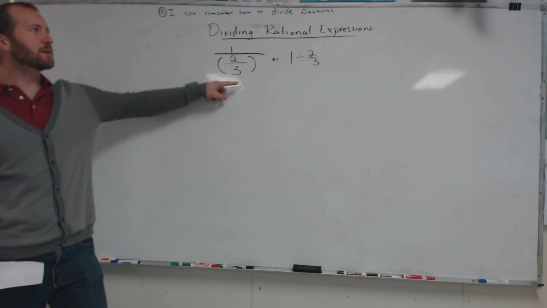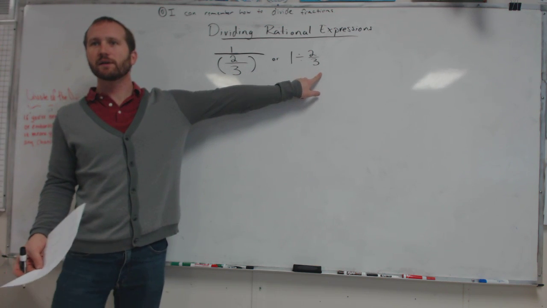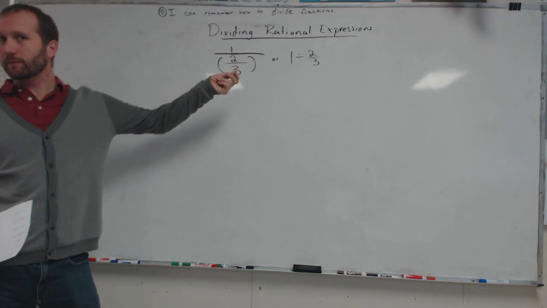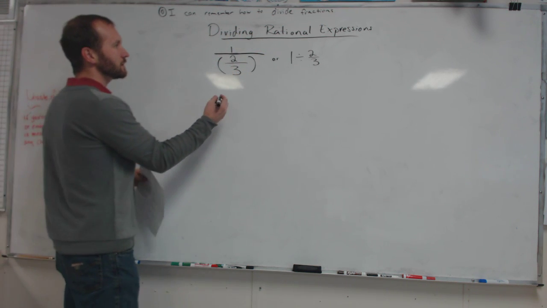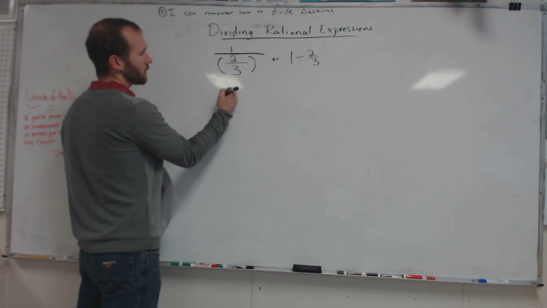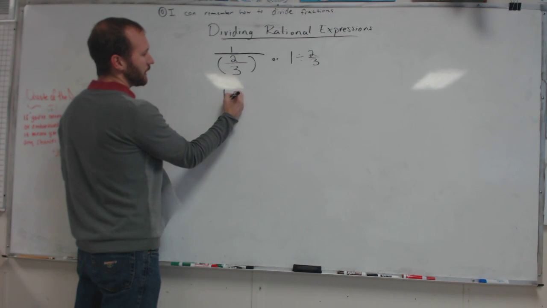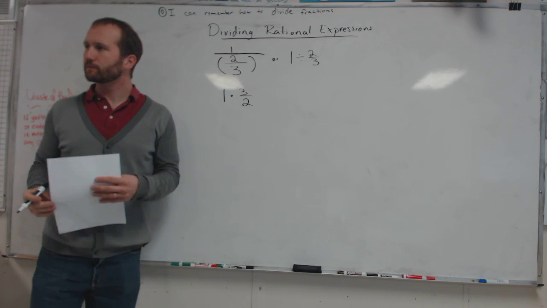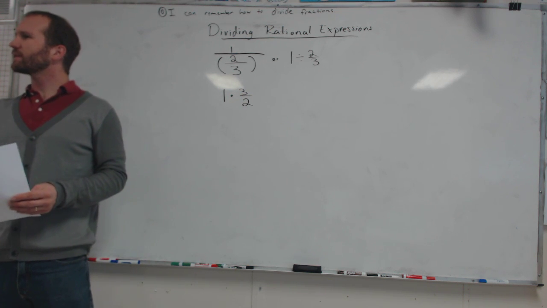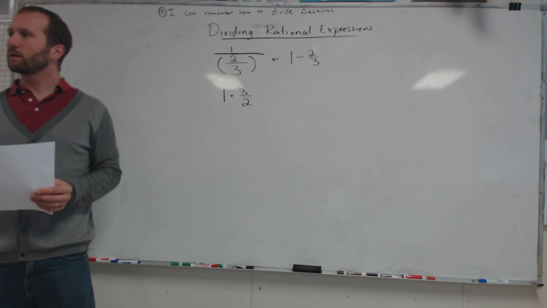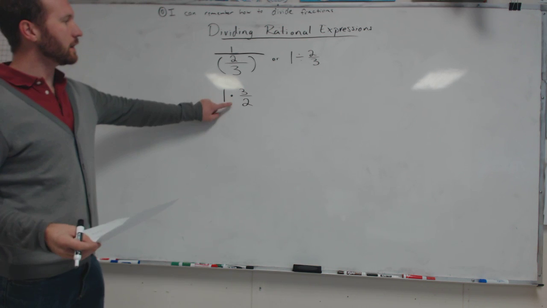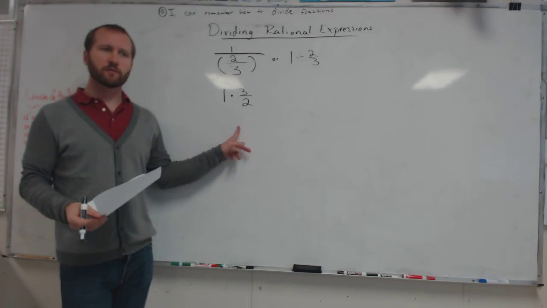We flip the second fraction and multiply. Make sure all of this goes into your notes. So here we'd have 1 times 3/2. Flip and multiply.